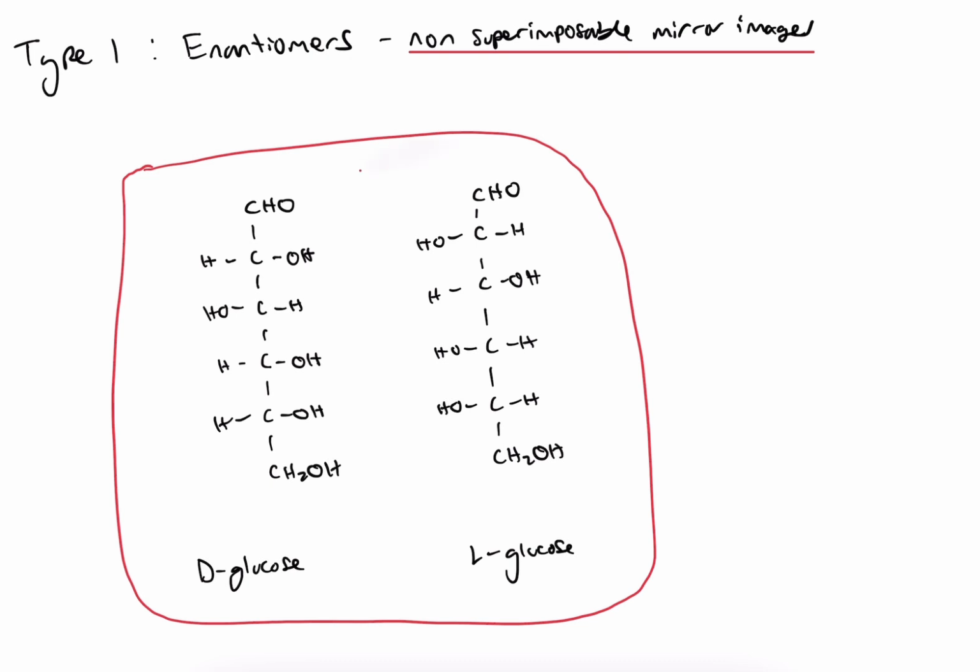But if I were to draw a mirror down the centre between D-glucose and L-glucose, as you can see here, we're going to call this our mirror. As you can see in the definition, we have mirror images. So essentially, if you have a look at both molecules, we have the reflection of each atom on each side. That's our mirror image, which is non-superimposable.